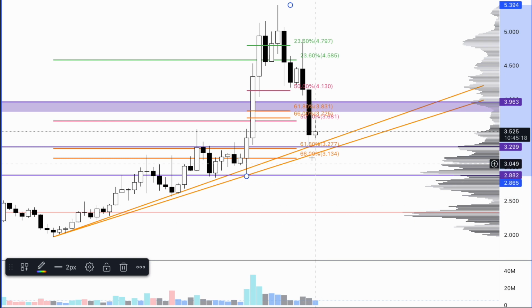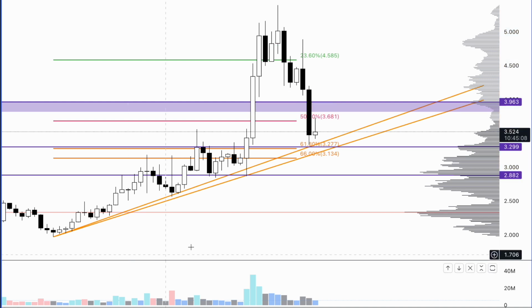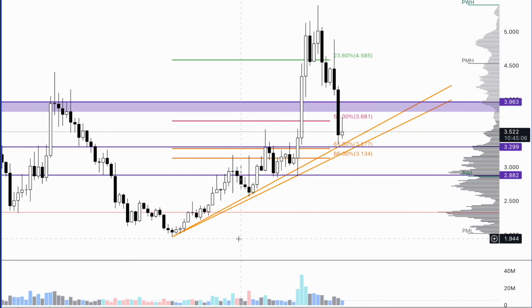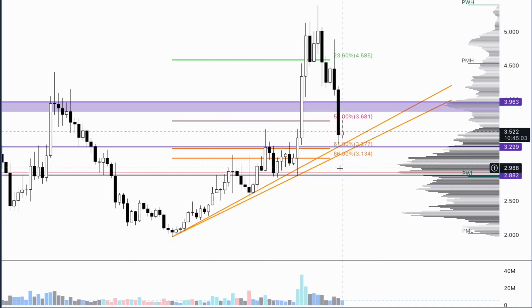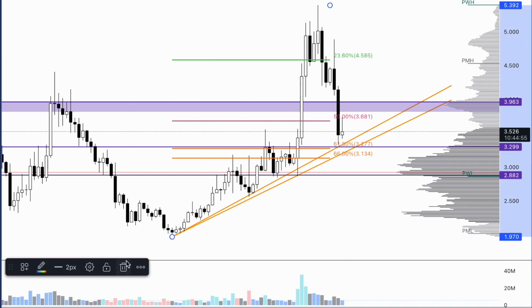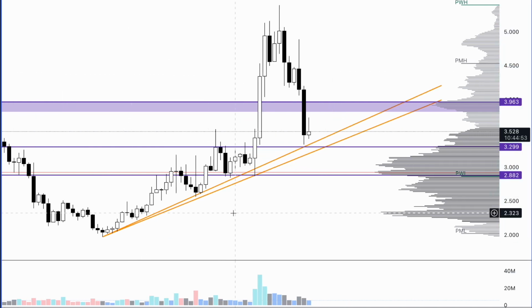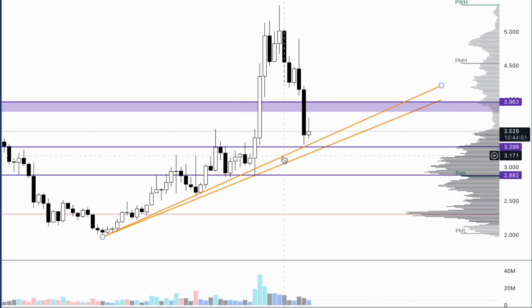We've got this golden pocket, we've got this area. I think it's pretty clear though. If you look at this move, this level right here is a 61, 62% retrace of this larger move up. And honestly, I like this one.